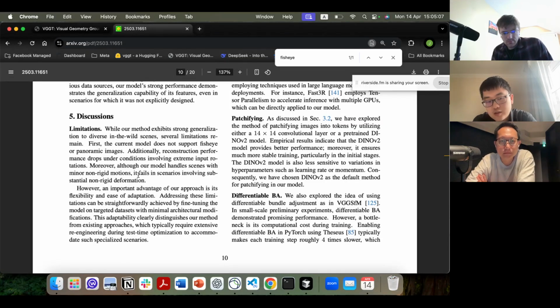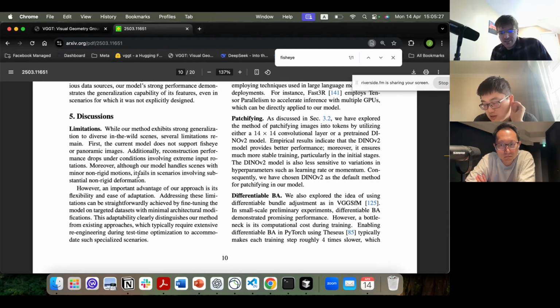Will Dino work in fisheye cameras very well? No. Is that a limitation? Okay, so there's an additional limitation there, that you're building off Dino, and it looks like that's substantially better than the alternatives.